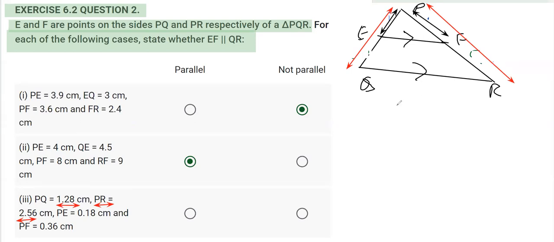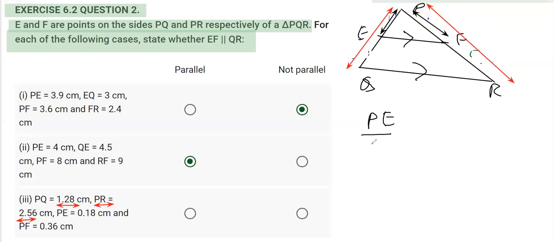You can do this in the same manner, but the ratio you are going to take is PE over the whole PQ, and PF over the whole PR.